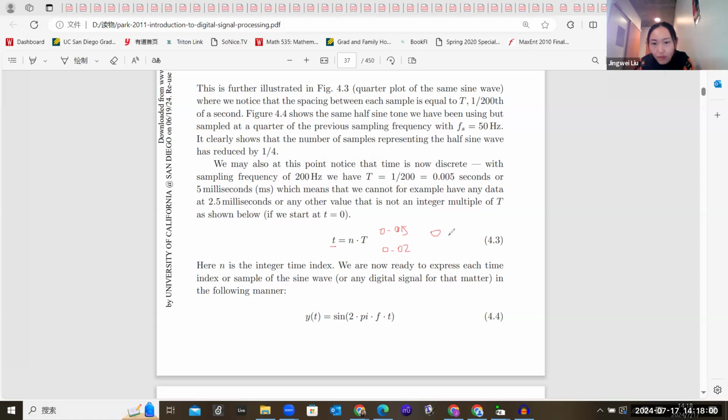You can have 0.3, but you can never have a time stamp like 0.15, because this is not an integer multiple of your time interval.